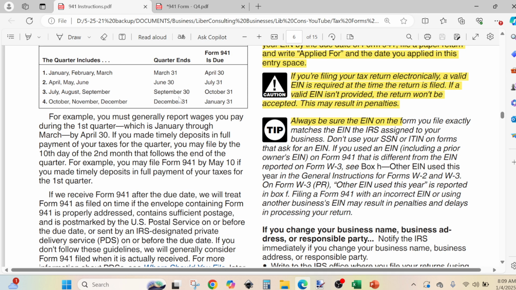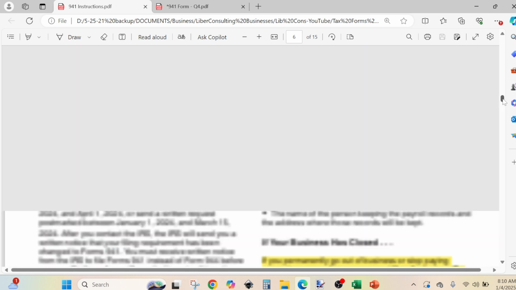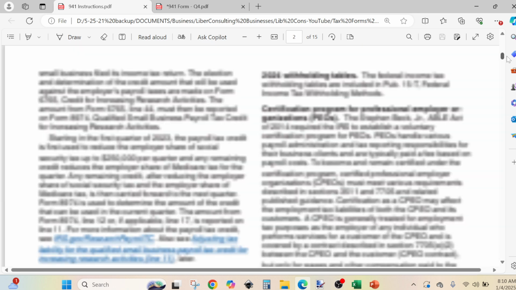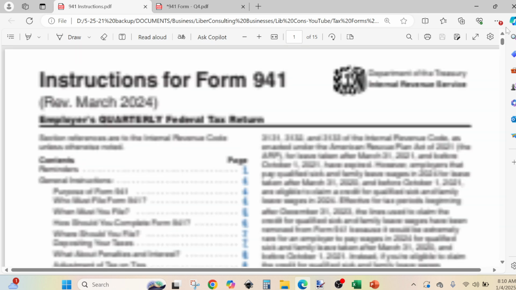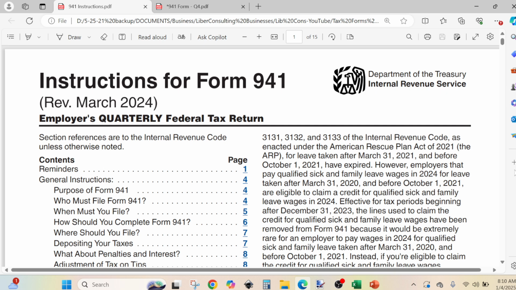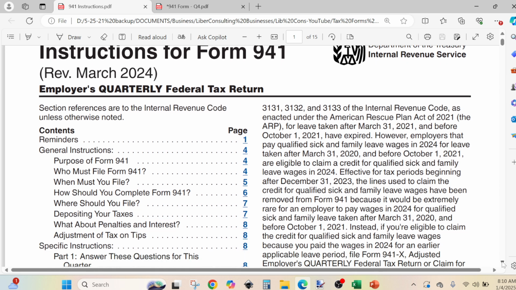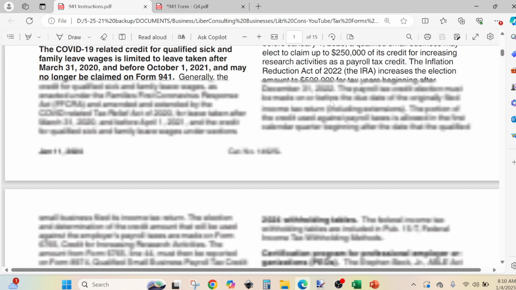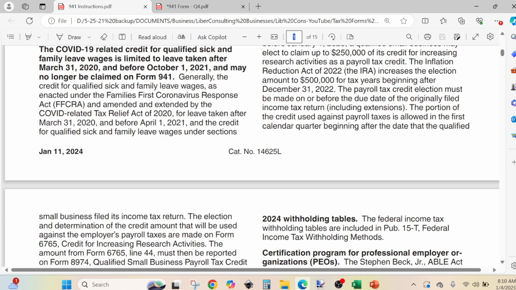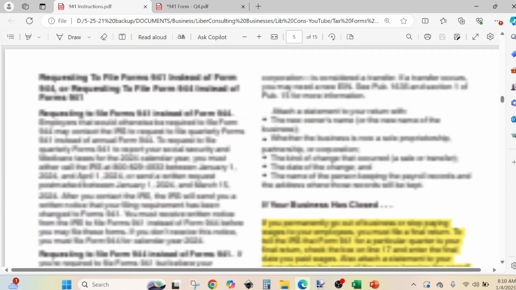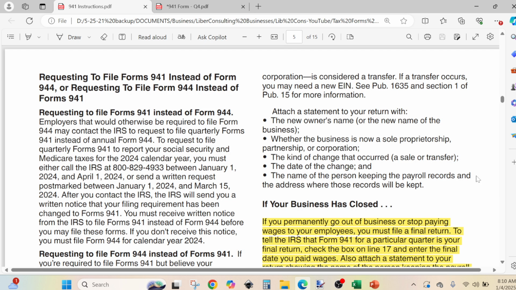You'll go to the instructions for Form 941 for the year you are filing for. Because you are filing quarter 4 of 2024, that is the instruction we have open, and we will scroll to the section that has the address.